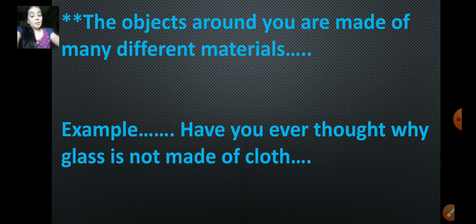Similarly, it would not be wise to use paper-like materials for cooking vessels. So we have to select the material for the purpose for which we are going to use it.